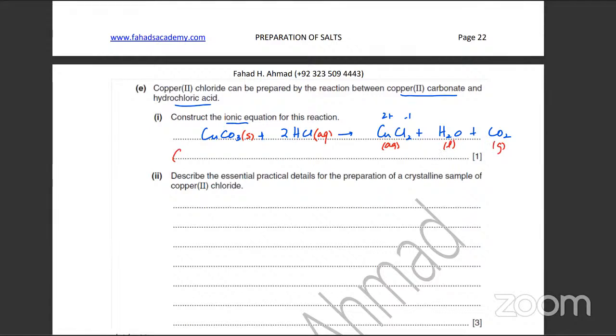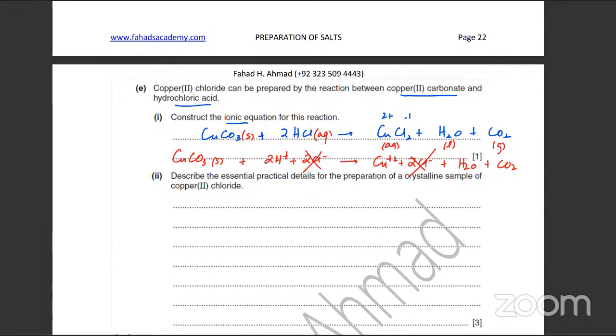Now we don't dissociate copper carbonate because it's a solid. That means its ions are together. HCl is aqueous, so the H plus 1 and the Cl ions are no longer together. They're scattered in water. Copper chloride is also soluble, so the copper ions and the 2 Cl ions are no longer together. And then you have water and carbon dioxide. So the Cl ion is basically a spectator ion.